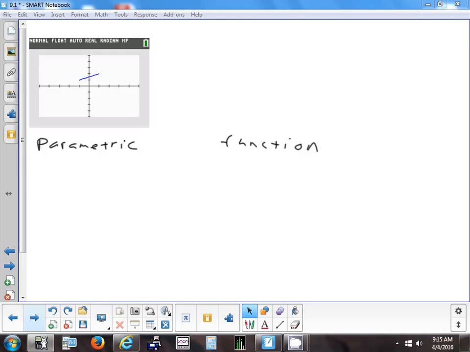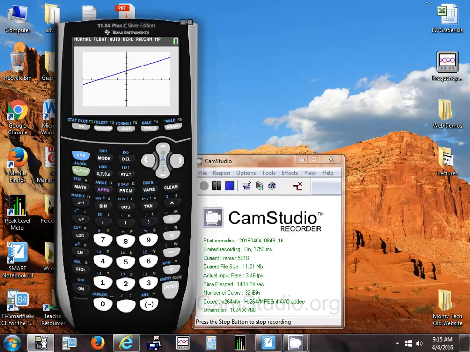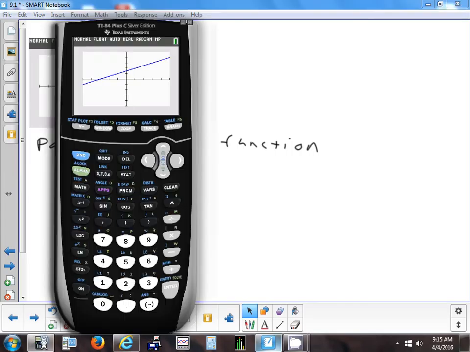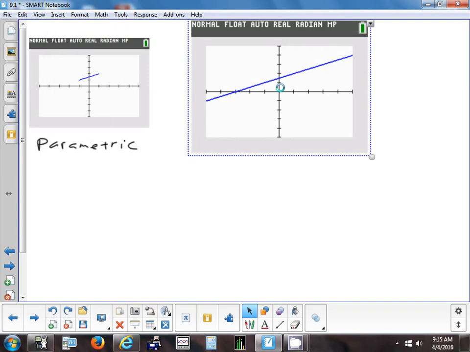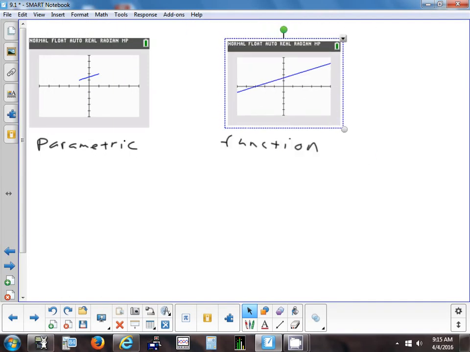I want you to compare these two and see if they look the same. Do they? What's different?